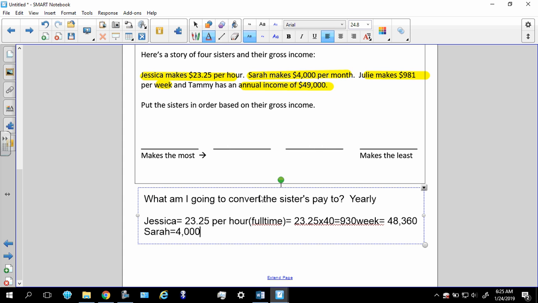All right. Now Sarah makes $4,000 per month. All right. So I'm going to take that and times that by 12 because that gives me her yearly. So her yearly ends up being 48,000. Okay.